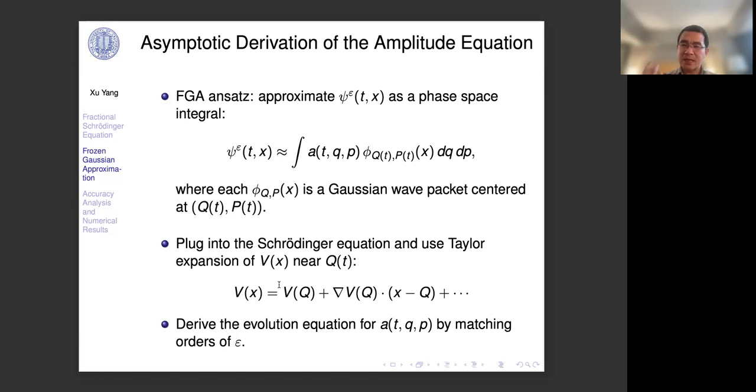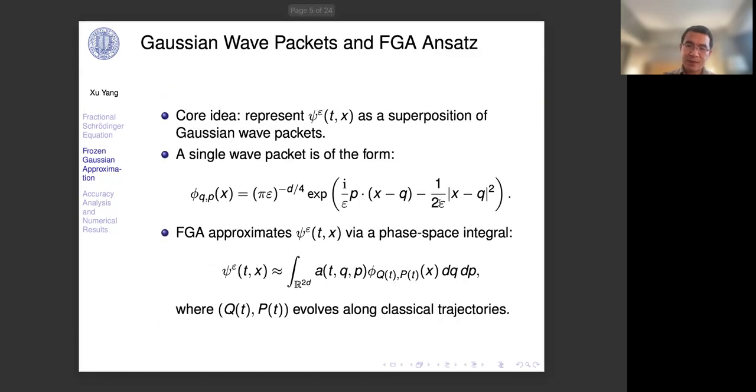When you have a dynamic Gaussian weight, you plug in, you do Taylor expansion, and then you match the orders in epsilon, you match the orders in x minus q, right? So x minus q is a small number in the sense that if you look at the wave packet, it decays very fast.